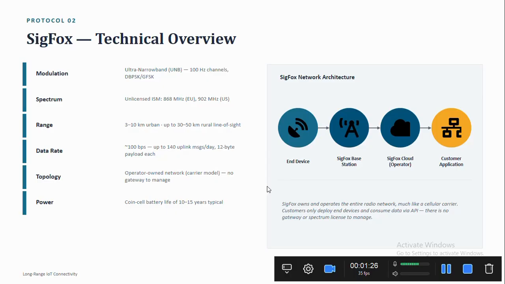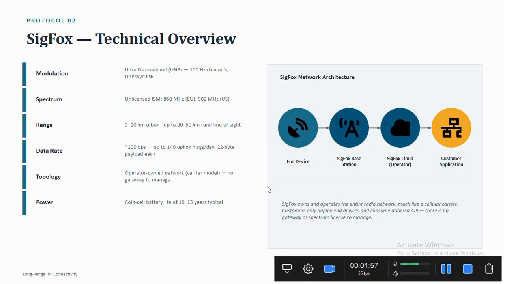And with the spectrum of 868 megahertz and another 902 megahertz, all these come under some ideas of how the spectrum is connected, and the spectrum gives a wide range of networks, ranging from 3 to 10 kilometers, and up to 30 to 50 kilometers in rural line of sight.